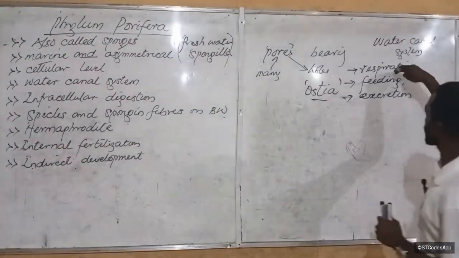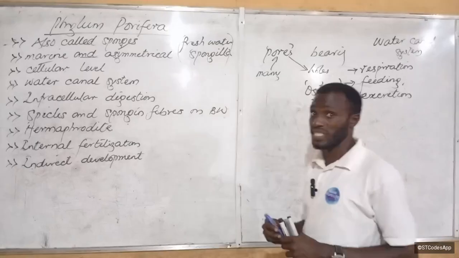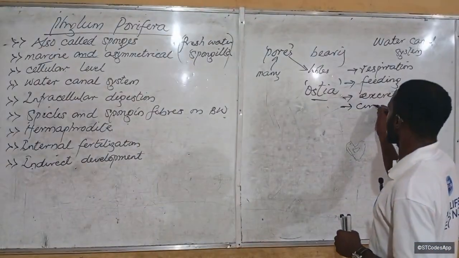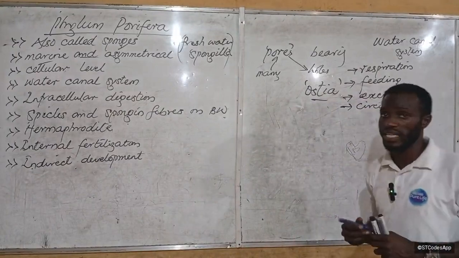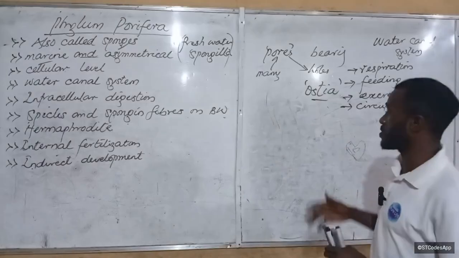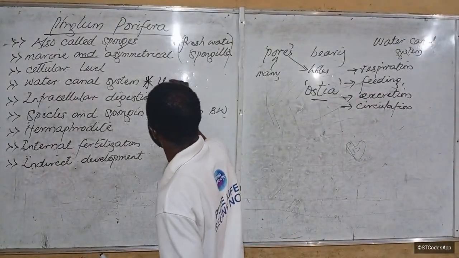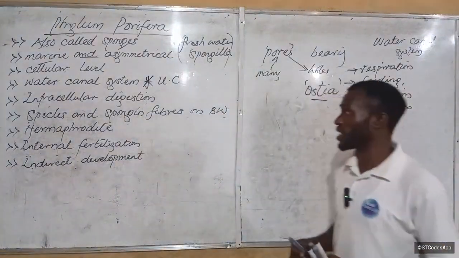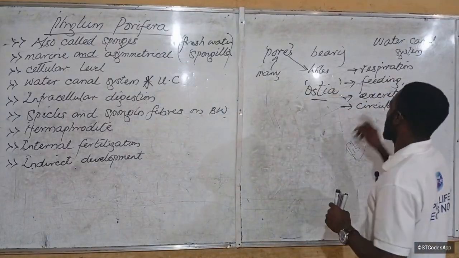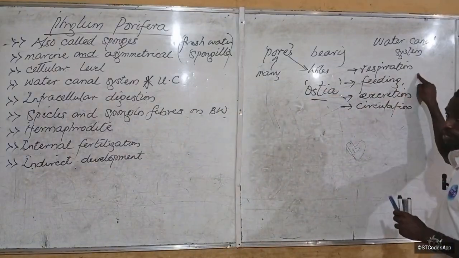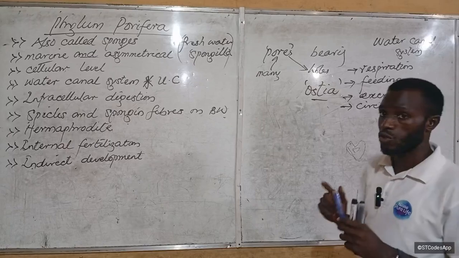So it helps in respiration, nutrition, excretion, and circulation of substances. You can see that the water canal system performs most of the functions, and this is a unique feature. Is that clear? The water canal system is unique to poriferans, and it helps them in performing respiration, nutrition, excretion, and circulation. Don't forget that.